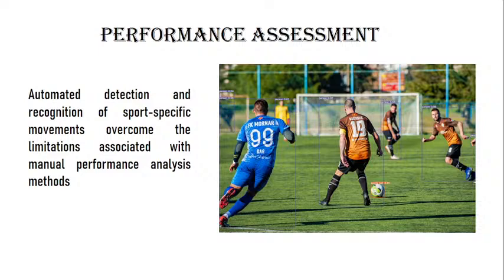Okay, not only in the medical field, retail field and agriculture field, we can use AI systems for sports also. This is performance assessment. This application is useful for sports players.